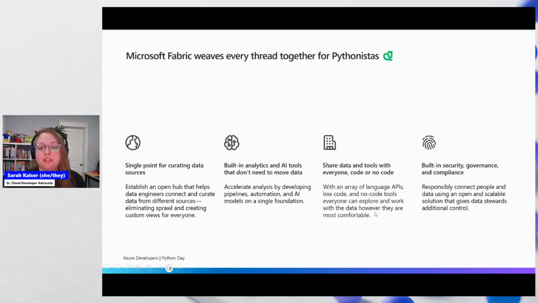As I mentioned, we're Pythonistas, so we're probably interested in the Python related interfaces and tools for Fabric. But there are lots and lots of other options. If you're working with folks who are less comfortable with code, who prefer low code or no code tools for exploring that data and making workflows, there is all kinds of things for everyone.